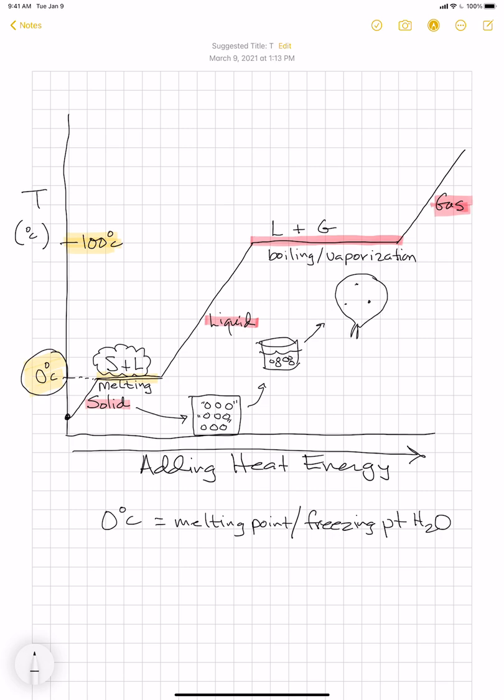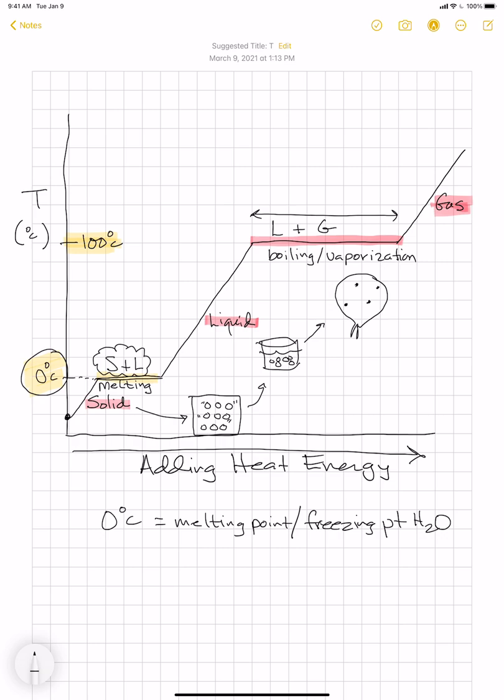In a gas, the molecules, every single one of them, 100% of them, have to be not in contact at all with their brothers and sisters. So that means that a lot more energy had to be put into the liquid to turn it into a gas state. That's why that plateau is so much larger.